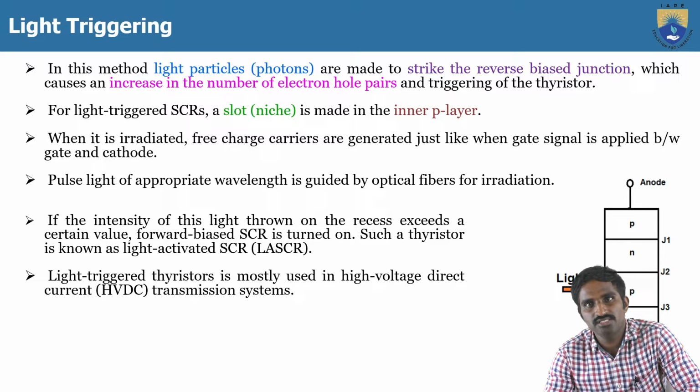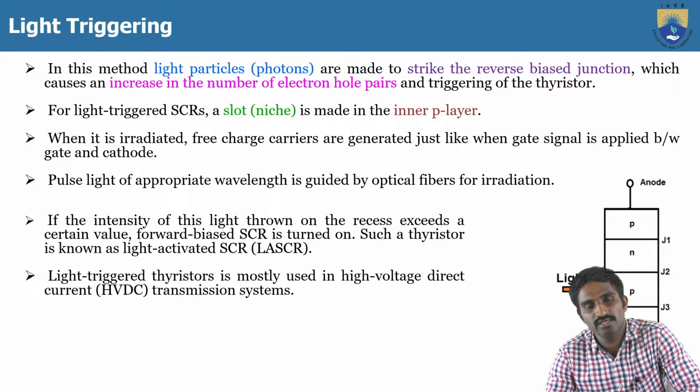Those thyristors which are turned on by striking photons on the inner P layer are called light activated thyristors or light activated SCRs. When you increase the intensity of the light, the number of electron hole pairs increases.